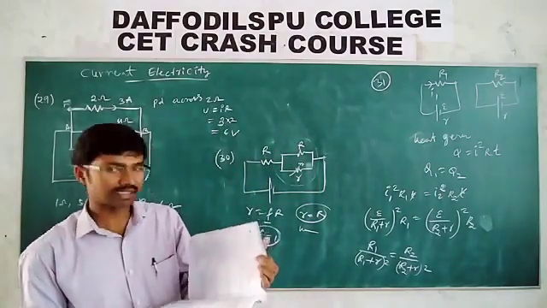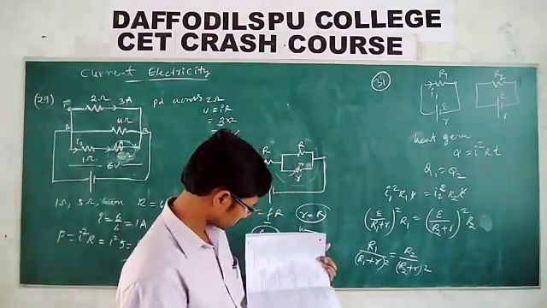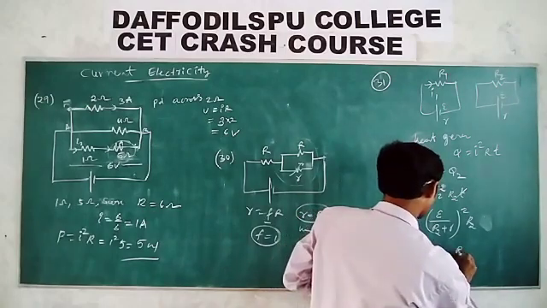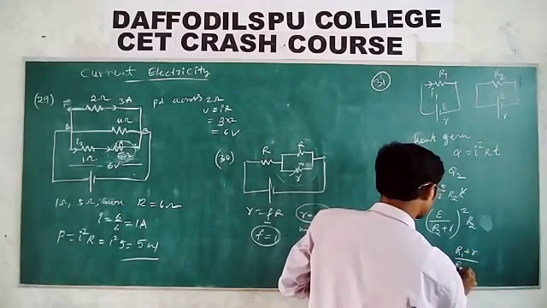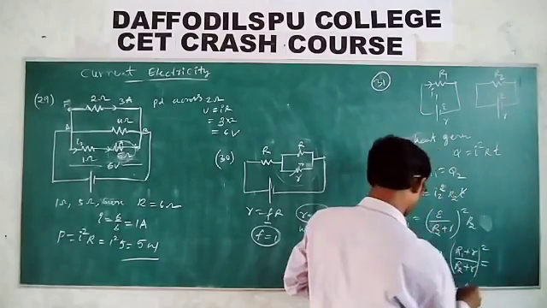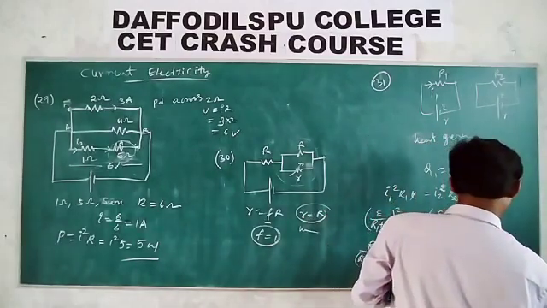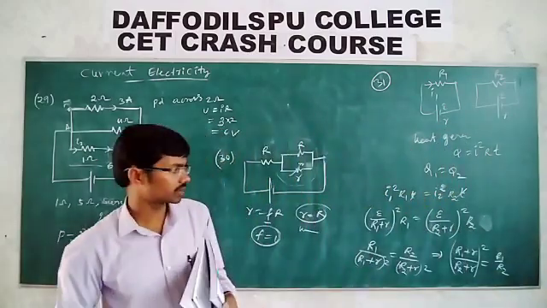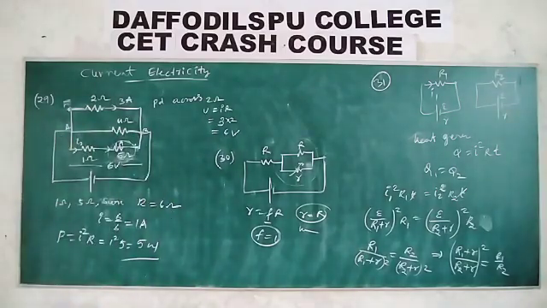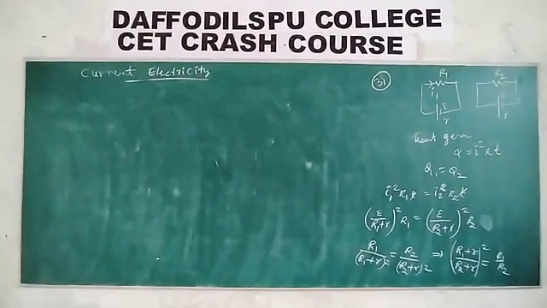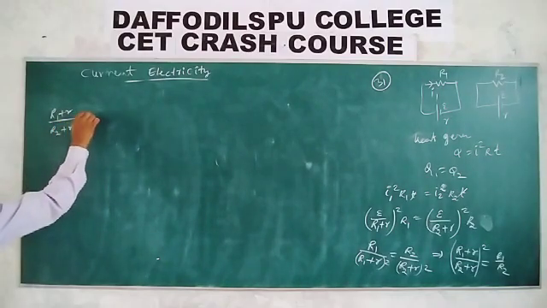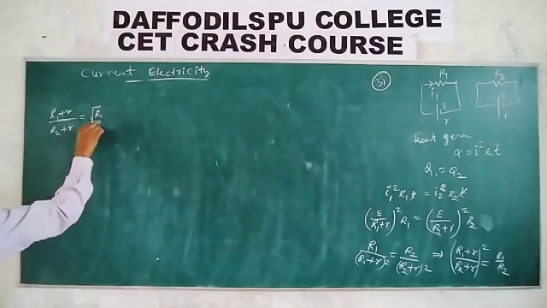But you need to find what? Internal resistance. Taking the square root, R1 plus r by R2 plus r is equal to root R1 by root R2.